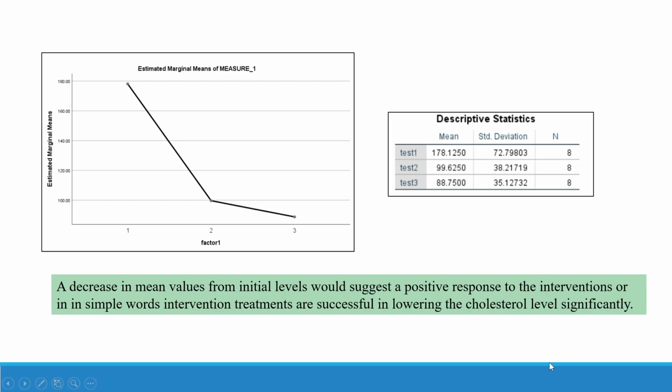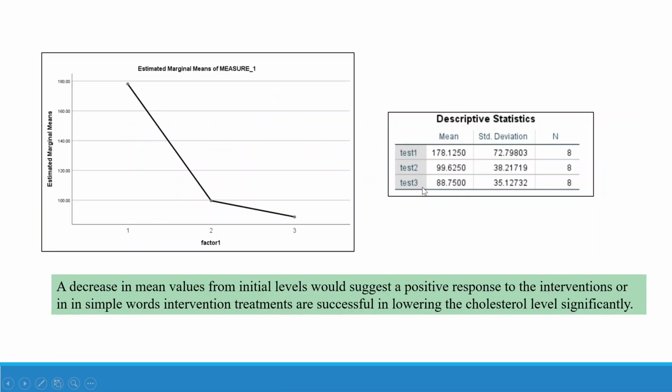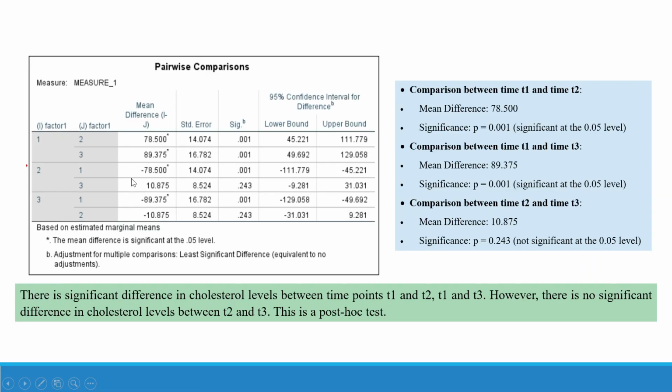Let's do the interpretation. The mean cholesterol level at time T1 is 178, at T2 99 and at T3 88. If you take the difference of T1 and T2, what do you get? You get this figure, 78.5. When you take the difference of T1 and T3, you get this figure, 89.375.